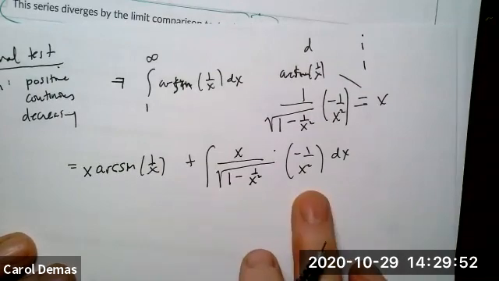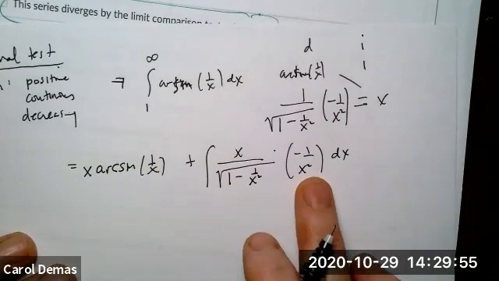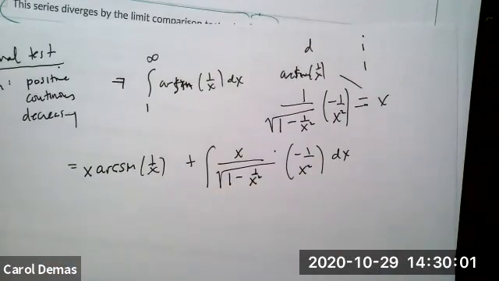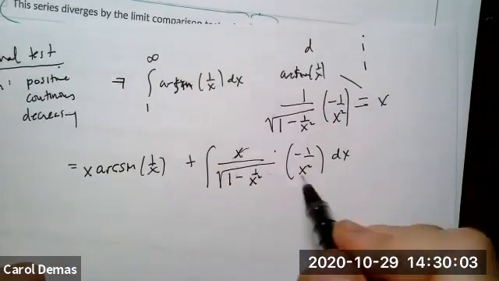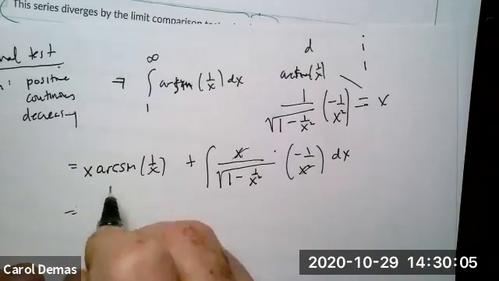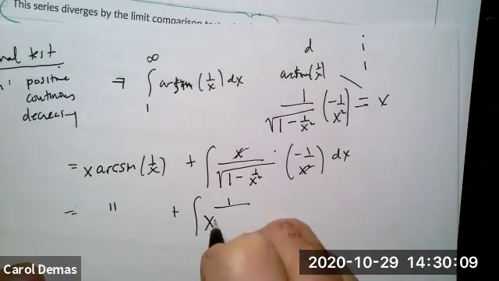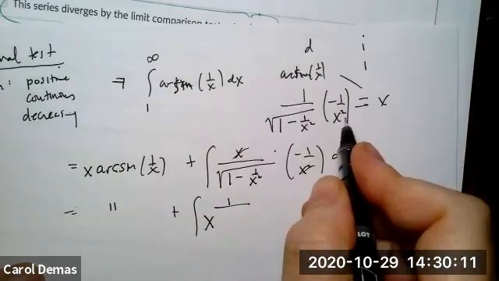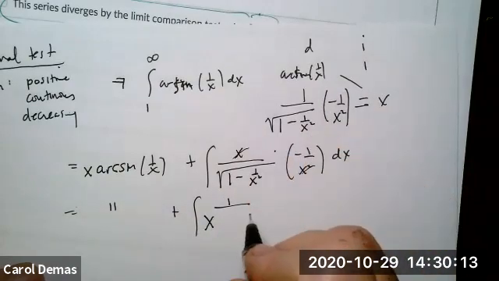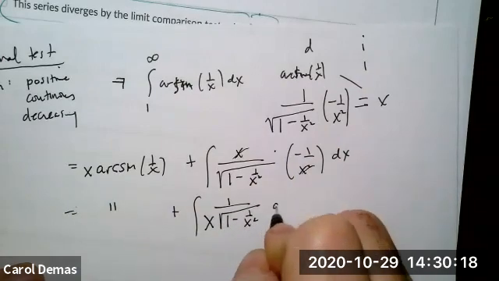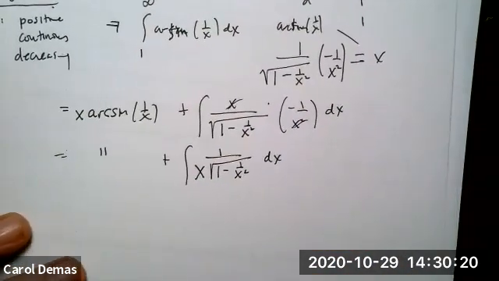Now I've got to make this prettier. So what I'm going to do is bring this radical. First of all, I'm going to cancel one of these x's. I'll use ditto mark there. So we'll have 1 over x square root of 1 minus 1 over x squared dx. Okay.